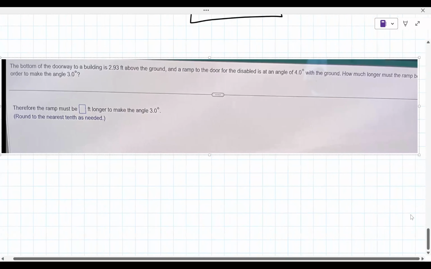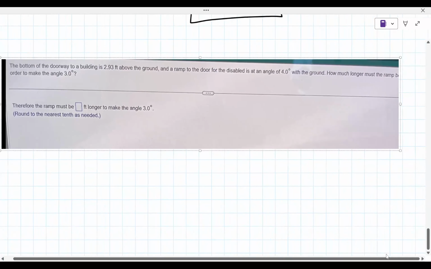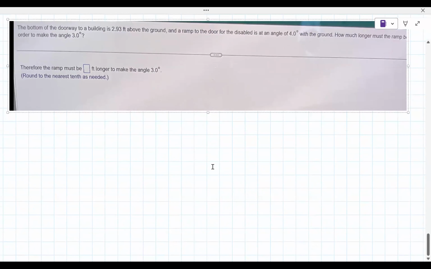So here we've got to draw a picture. The bottom of the doorway to a building is 2.93 feet above the ground, and a ramp to the door for the disabled has an angle of 4 degrees with the ground. How much longer must the ramp be in order to make the angle 3 degrees?